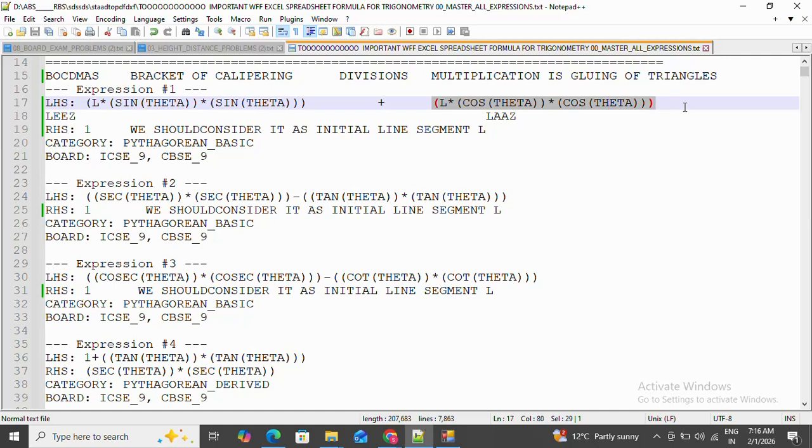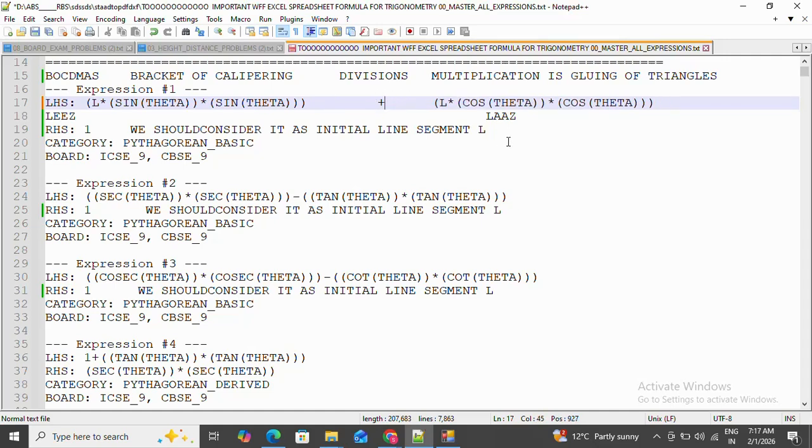That means L star sin theta will generate 16 types of symmetries on the 2D Euclidean plane, and we will get 16 tracing papers for these. Similarly, for L star cos theta, we will get 16 different other symmetries, and all of these 32 symmetries are superimposed one above another, and then we will check whether this plus is addable or not.